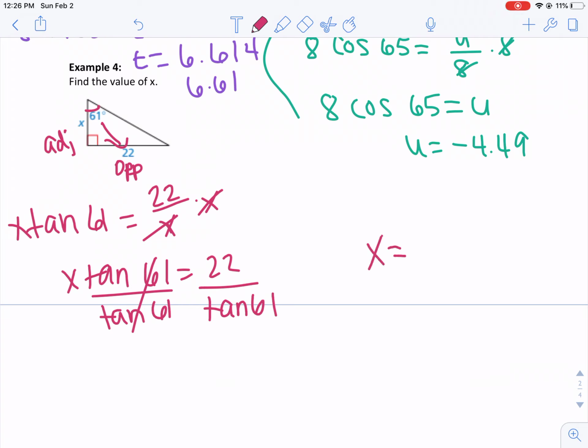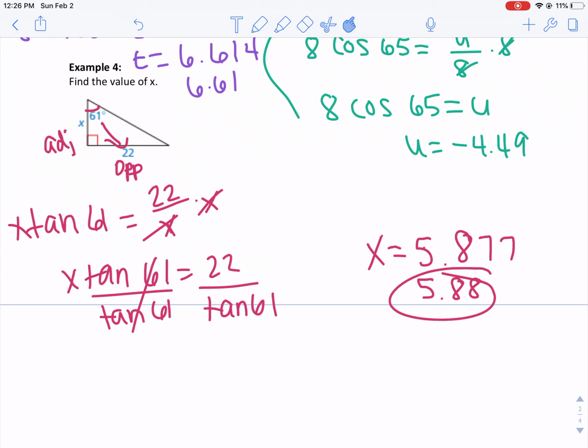So we get x equals 22 divided by tangent of 61, and I get x is 5.877. We want to round it to 2 decimal places, so 5.88 is your answer there.